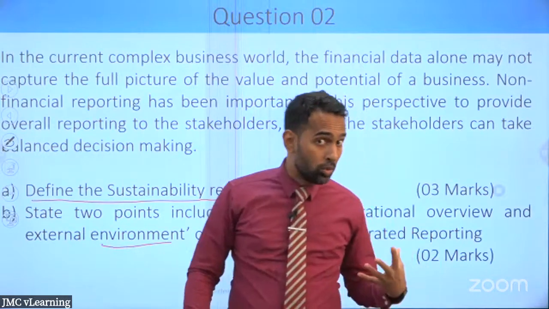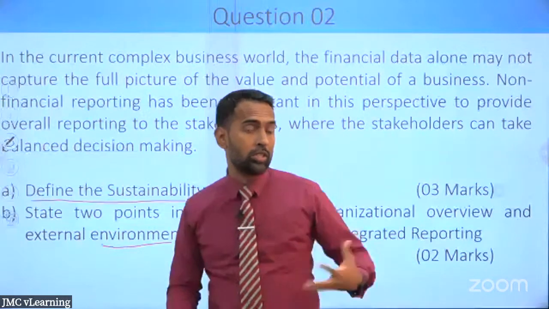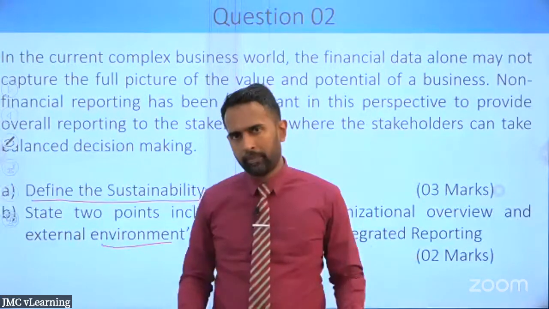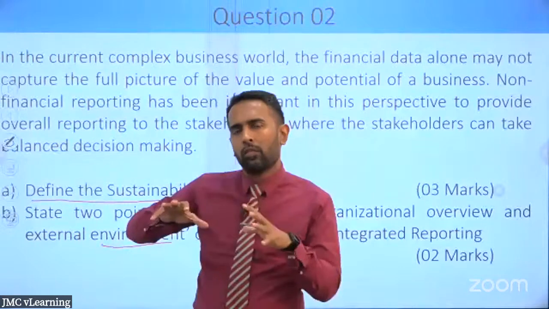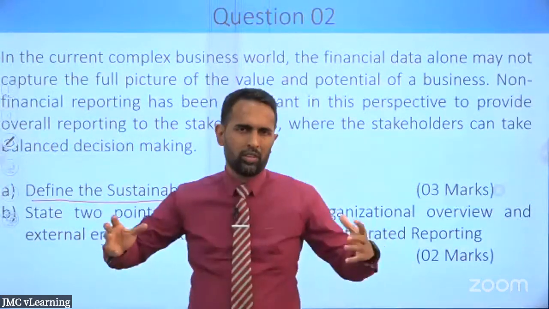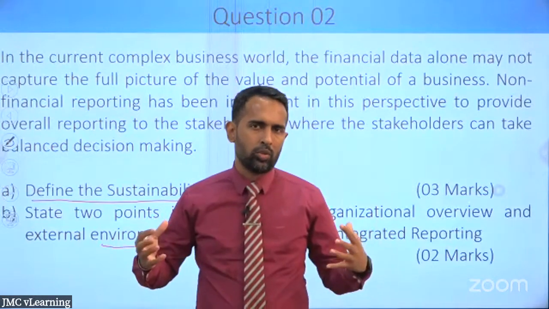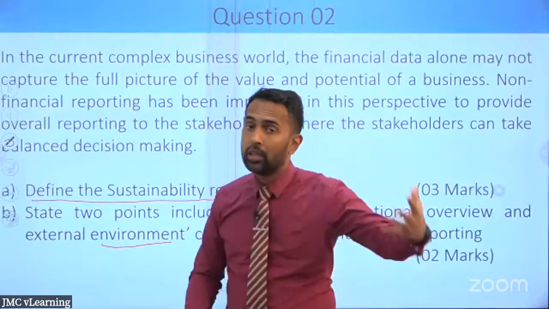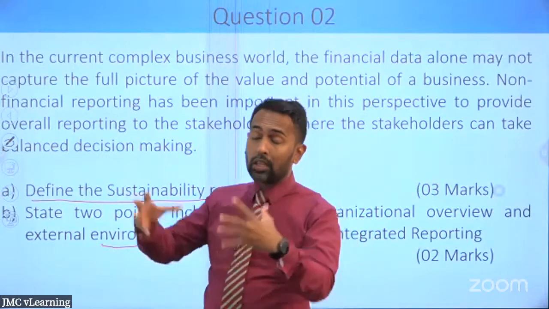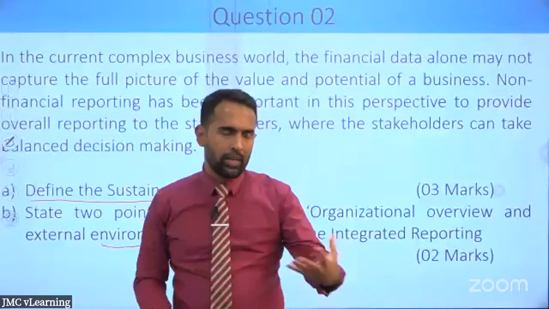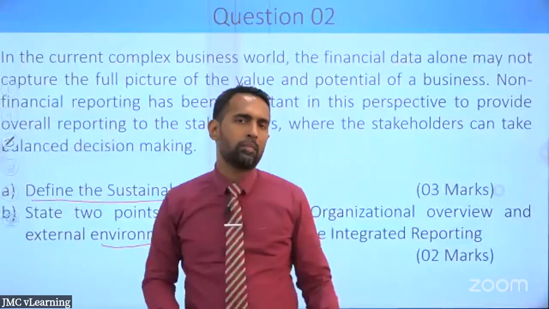Then not only that, we need to provide information about the impact to nature, to our planet. By running our business, what harm we have done to the environment, what good things we have done, what is our carbon footprint, what is the recycling of our business.